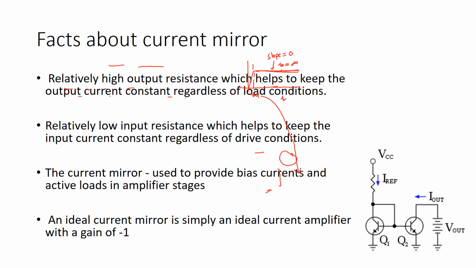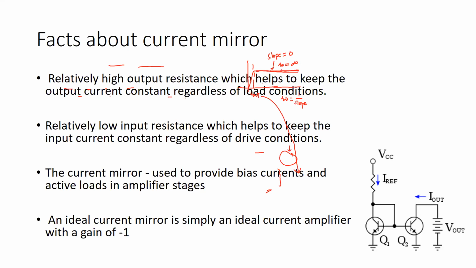Output resistance is basically 1 over the slope. So you have this output resistance infinite. When you have an infinite resistance, you can say that it acts as an ideal current source.